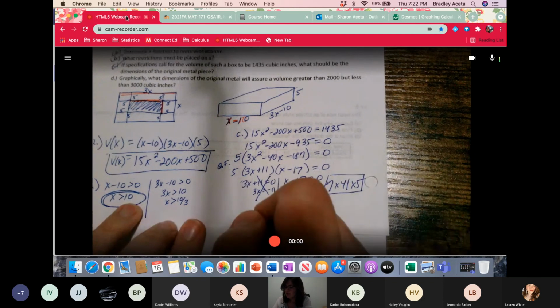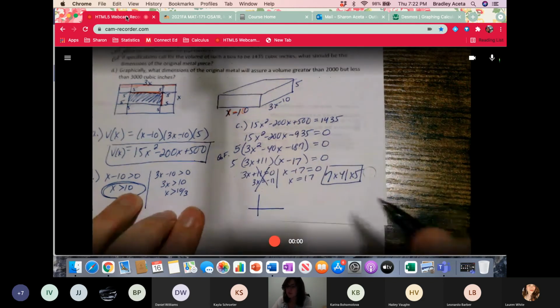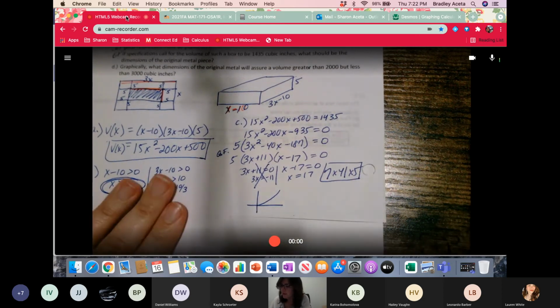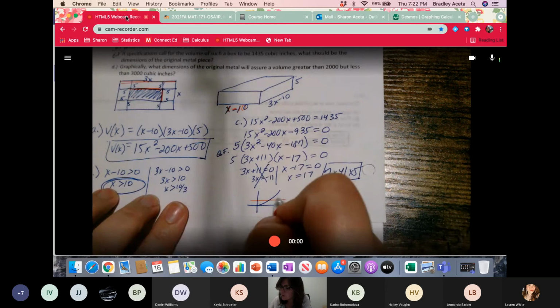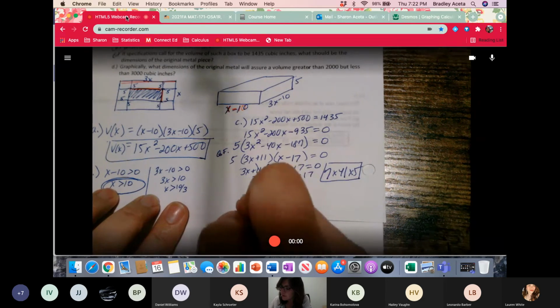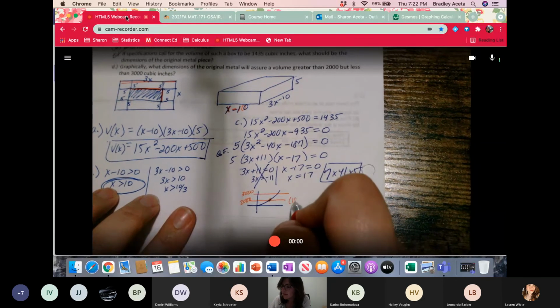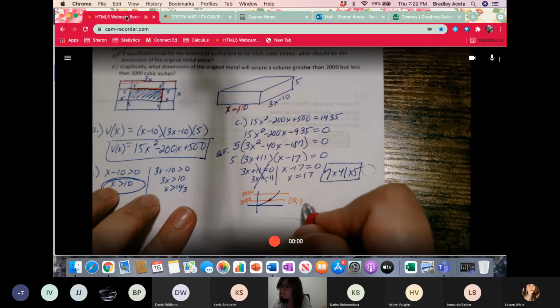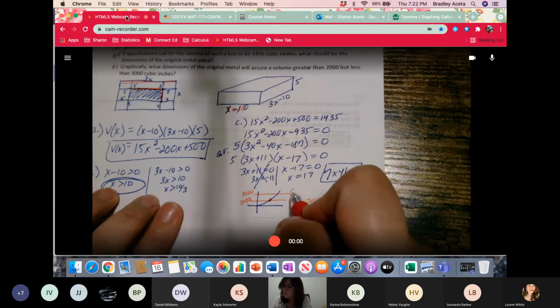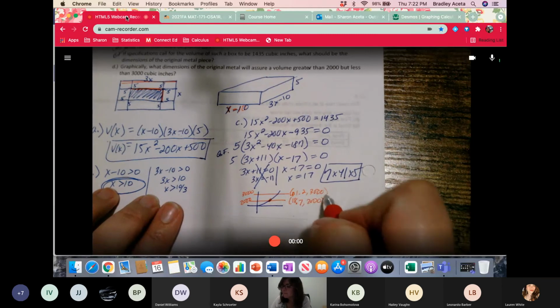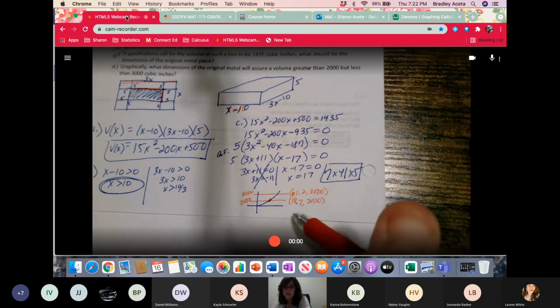So when I graphed it, here's what I was doing. I was looking at when the y value was 2,000 and when it was 3,000. And I got x value points of 18.7, 2,000. And then this one was 21.2, 3,000. Now, that's not the dimension.